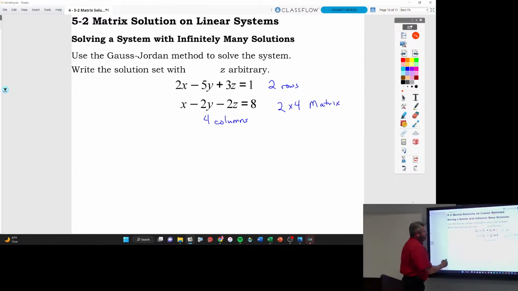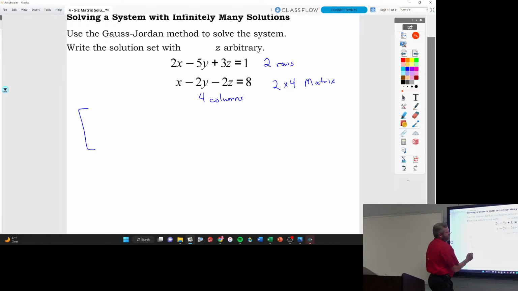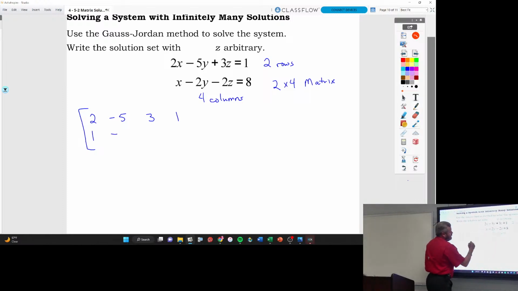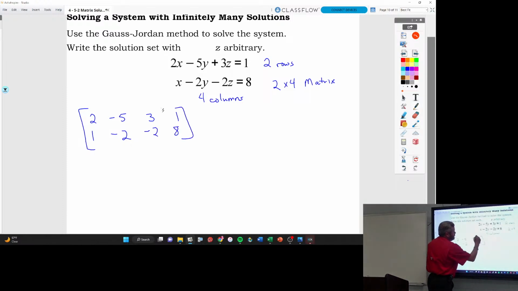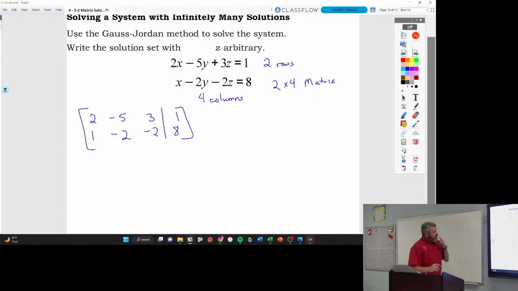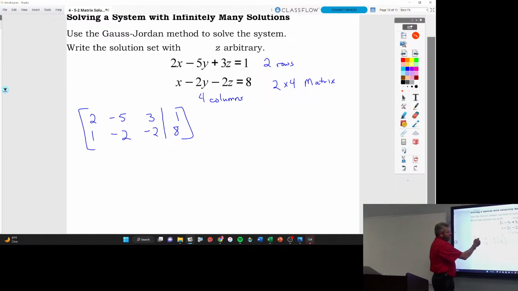Okay, so let's go ahead and start off by writing our augmented matrix. Our coefficients are 2, -5, 3, and 1 for row 1, and 1, -2, -2, and 8 for row 2. So step 1 is to somehow make row 1, column 1 a 1, and it's right now a 2.